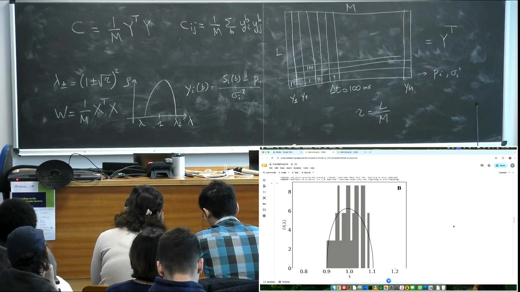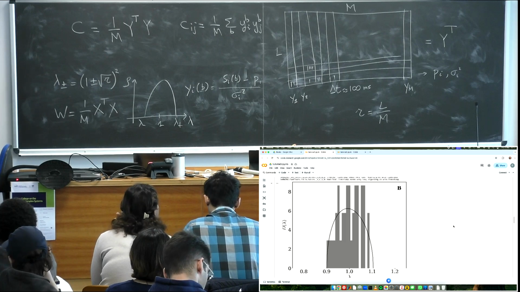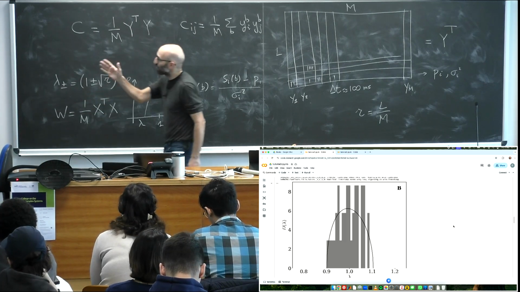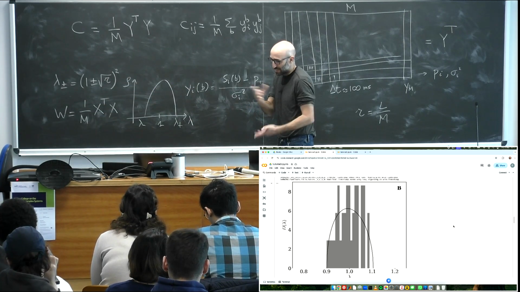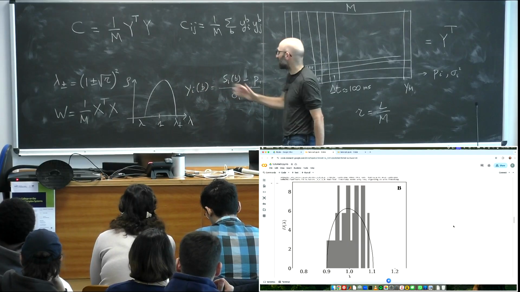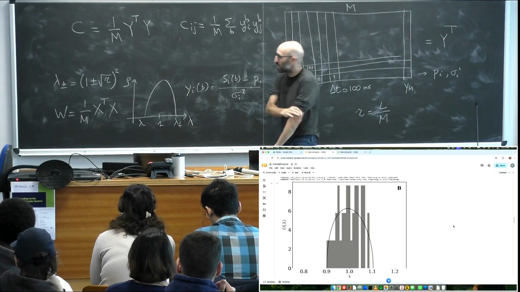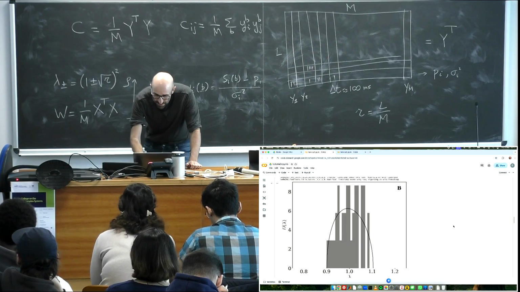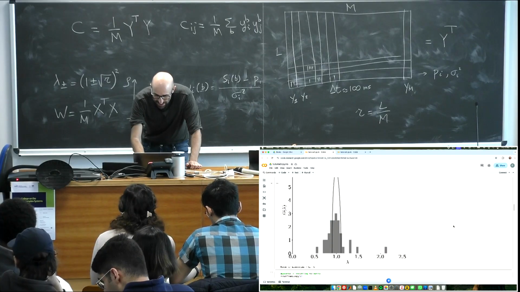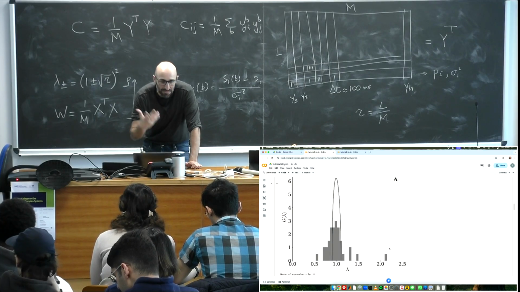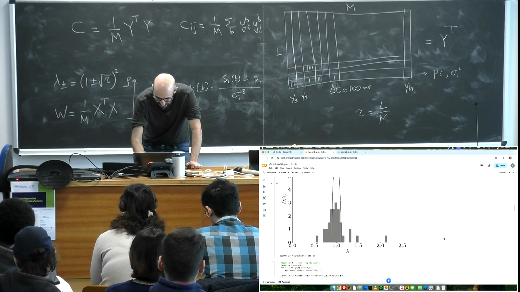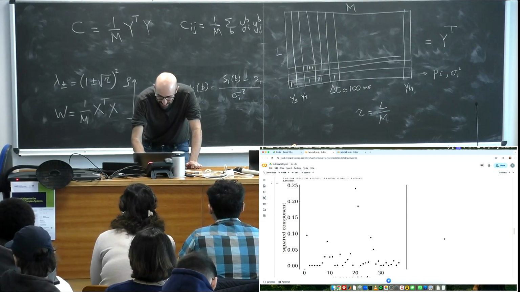This is the Marchenko-Pastur, and this is what you get from the data. Of course, it's very noisy because it's only 37 neurons, but it's close. So this eigenvalue here is really coming from some signal that you have in the data. So there is some correlation in the neurons that you can see.